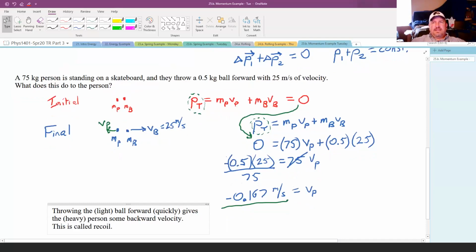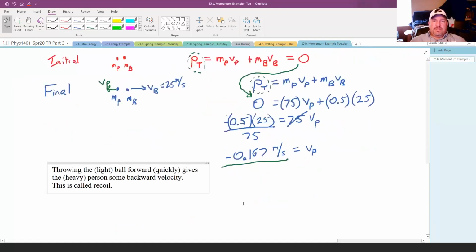And this is the idea of recoil. It's often discussed in terms of guns. Shooting a gun in the forward direction causes some recoil in the backward direction. But it's true of just the act of throwing as well.